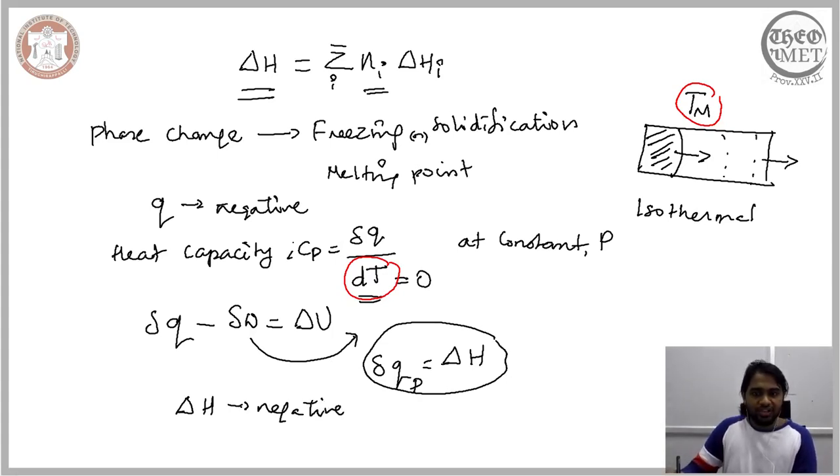So what we essentially have is an isothermal phase change, and the corresponding change in enthalpy that occurs at this isothermal temperature is negative.